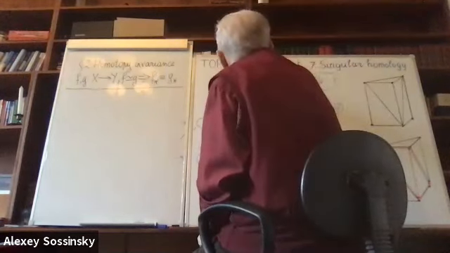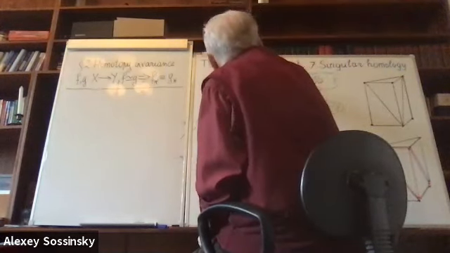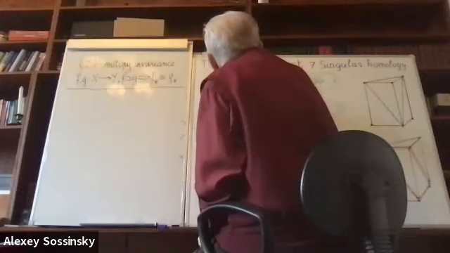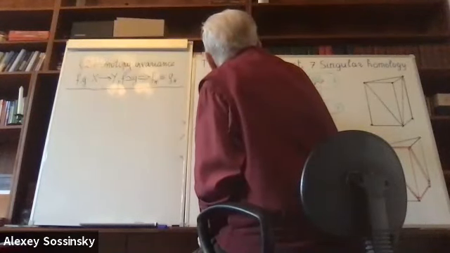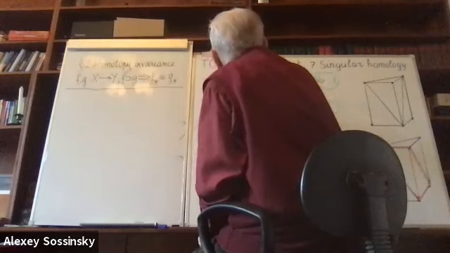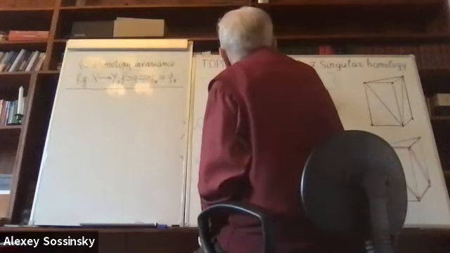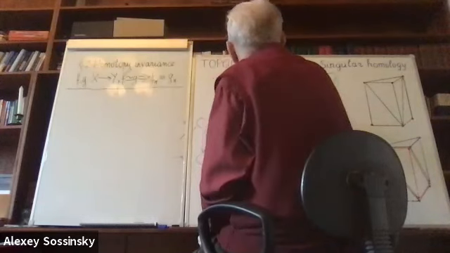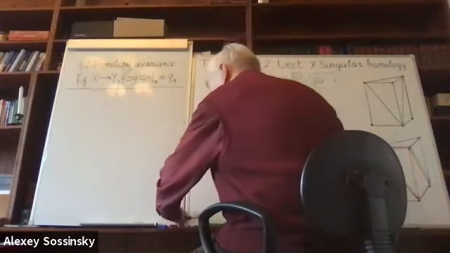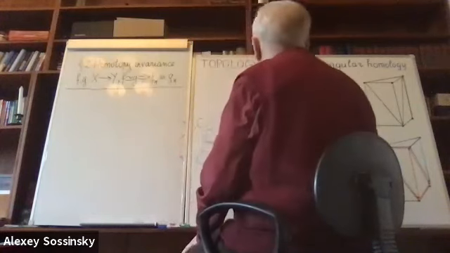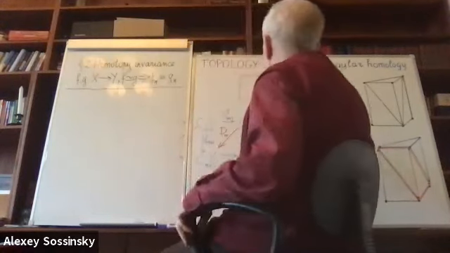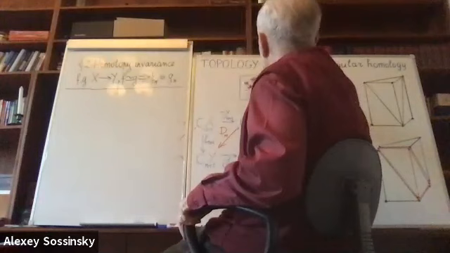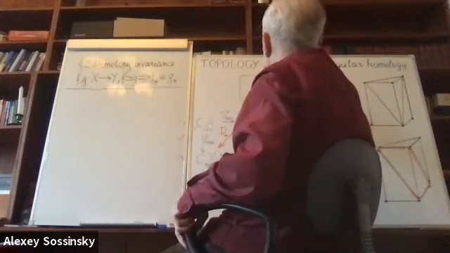So in dimension 1, we have a simplex multiplied by [0, 1]. So this is my simplex. It is multiplied by [0, 1]. And we need to triangulate this.